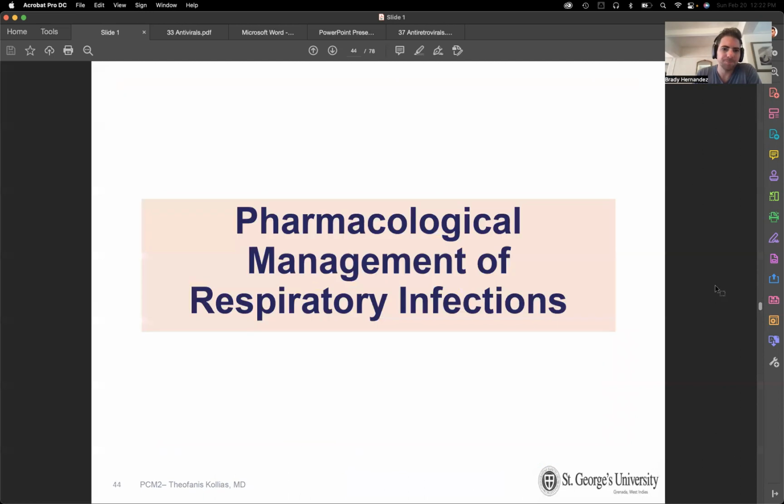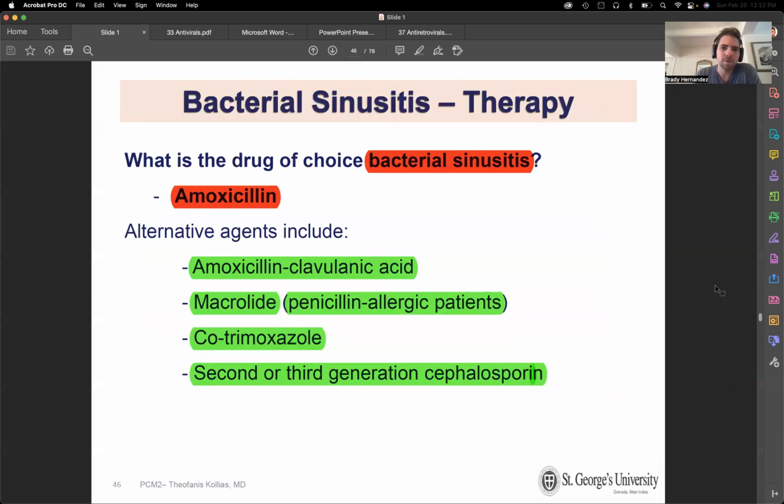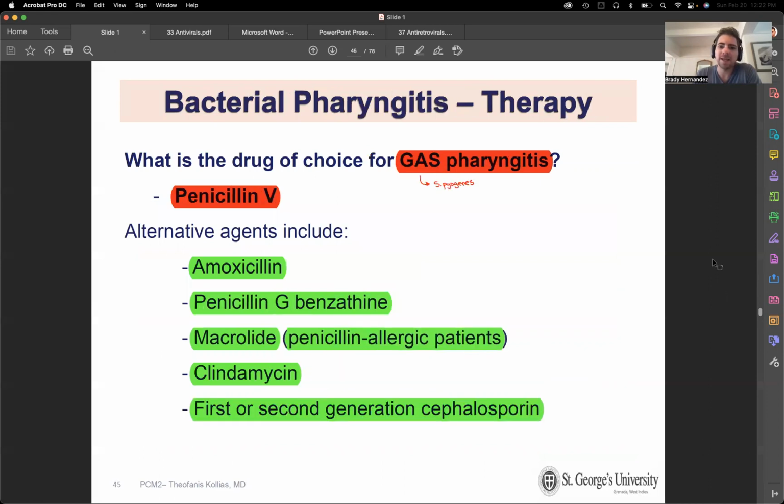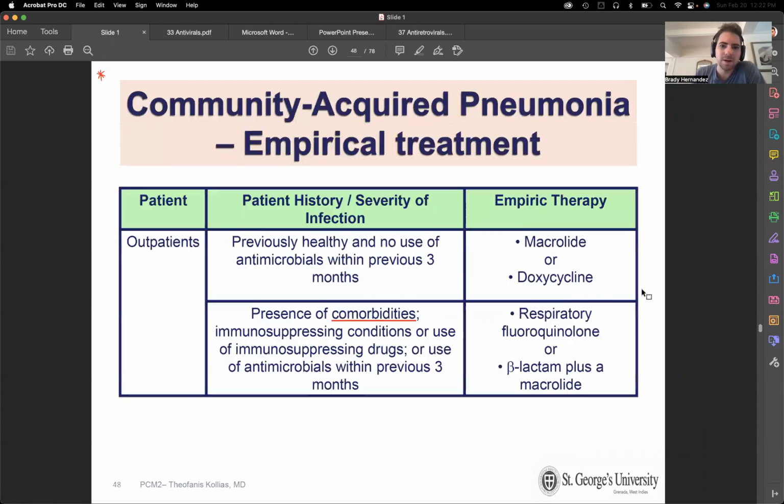All right. So again, you probably can get away with just knowing the first line drug, but if it's something that's highly resistant, such as penicillin, you want to move on to knowing some of the other ones as well. But unfortunately, this is just a lot about memorization.